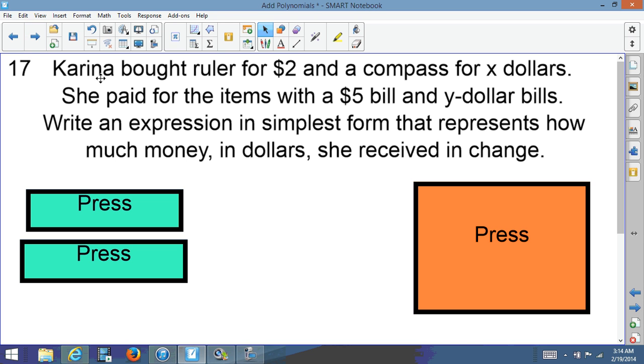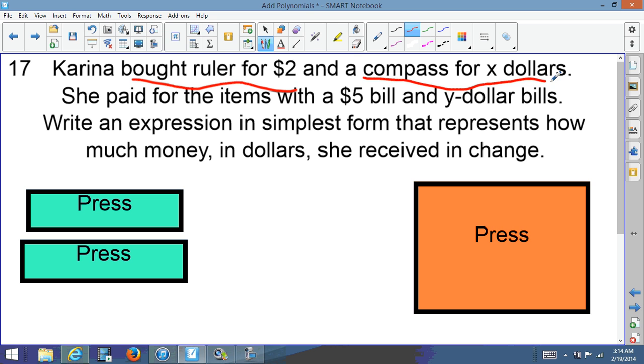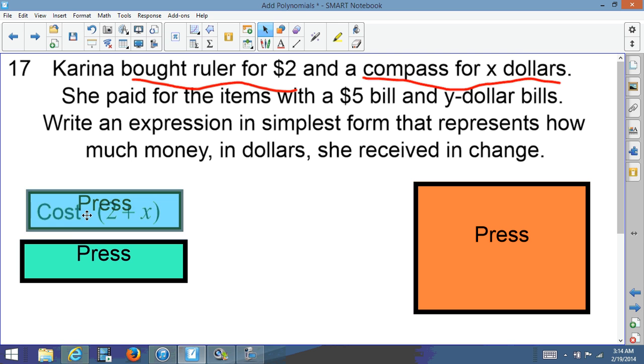All right. Well, the first thing I noticed, she bought some equipment for her class, $2 for the ruler, and a compass that didn't tell us how much. They said it was X dollars. So a cost, $2 plus X dollars for the ruler and compass.